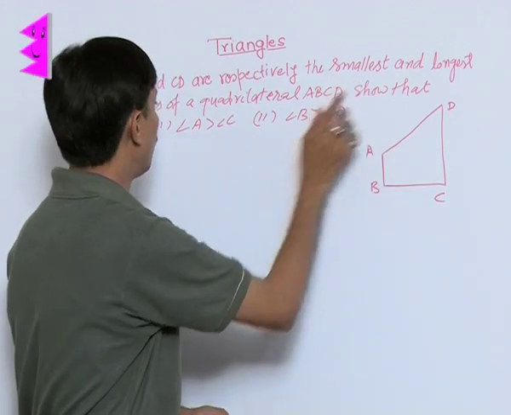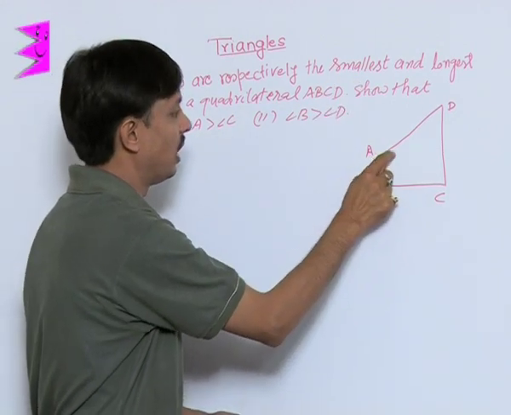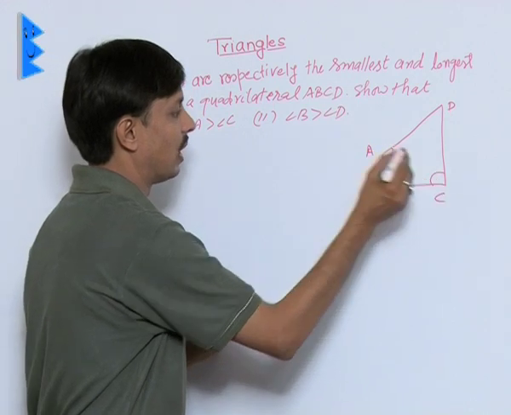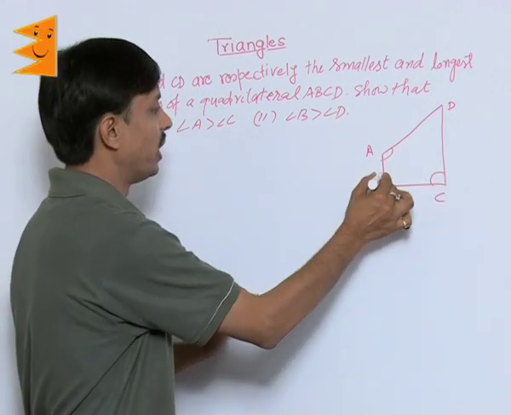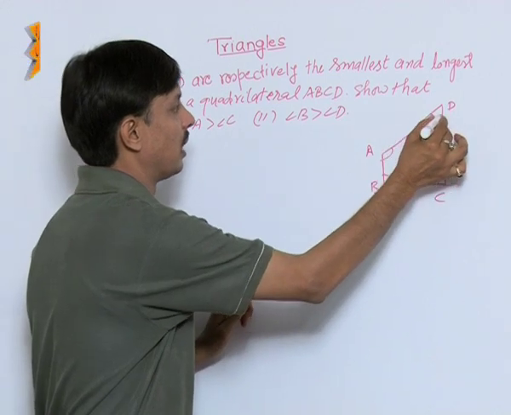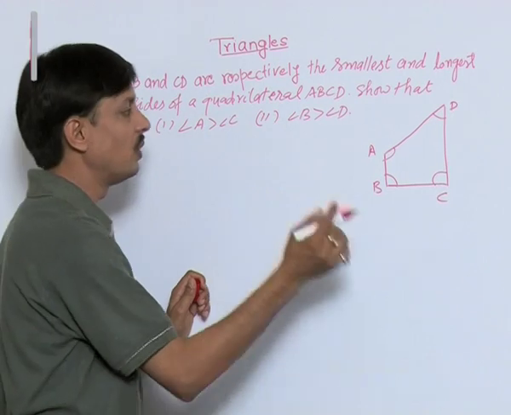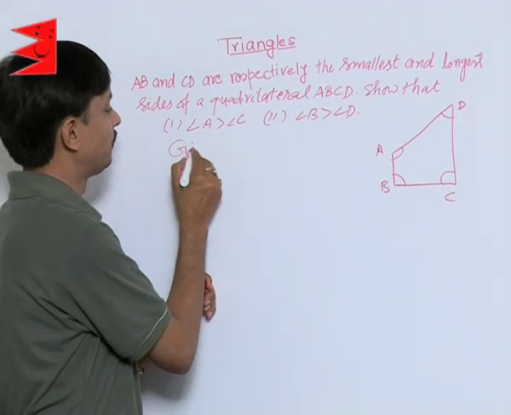AB. Then prove that first, angle A is greater than angle C. Also we need to prove that angle B is greater than angle D. In order to show this result, initially we have to write what is given here.